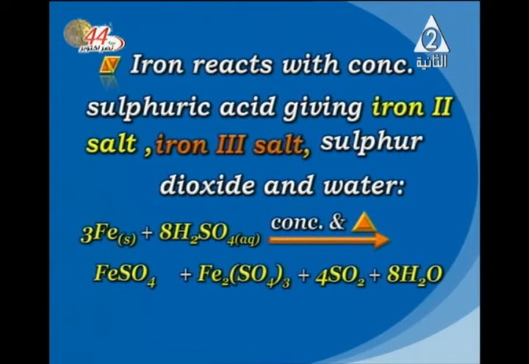Here, my dear student, the reaction is different from dilute sulfuric acid, as concentrated sulfuric acid is a strong oxidizing agent. So, as it forms iron 2 sulfate, it oxidizes it into iron 3 sulfate, and the sulfuric acid is reduced into sulfur dioxide and water.